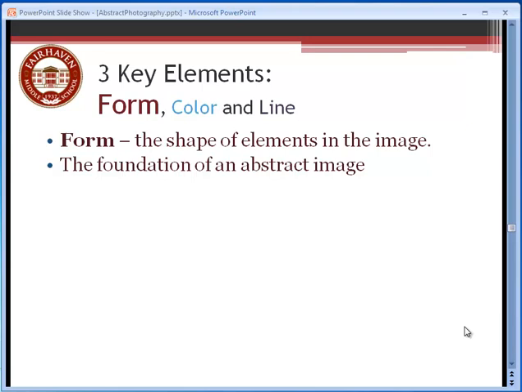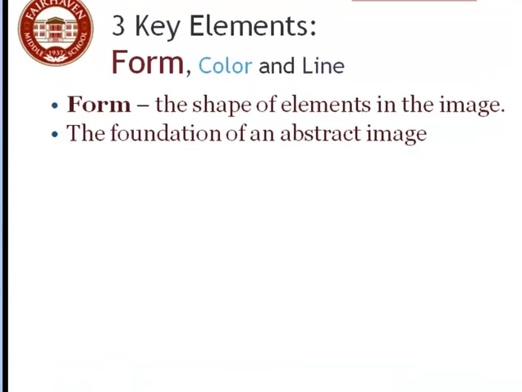So before you run off taking photographs of different objects, really start to train your eye to look at the form of whatever you are photographing. This is the most important element of a good abstract image. Is there an interesting shape that you just look at and go, wow, that's really interesting. That makes an interesting composition.